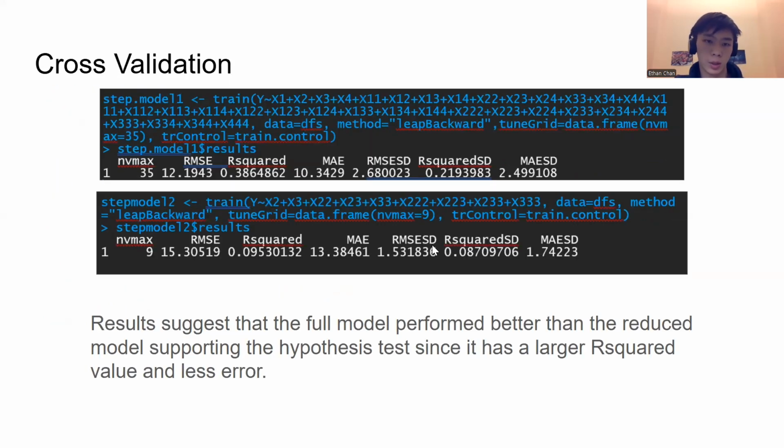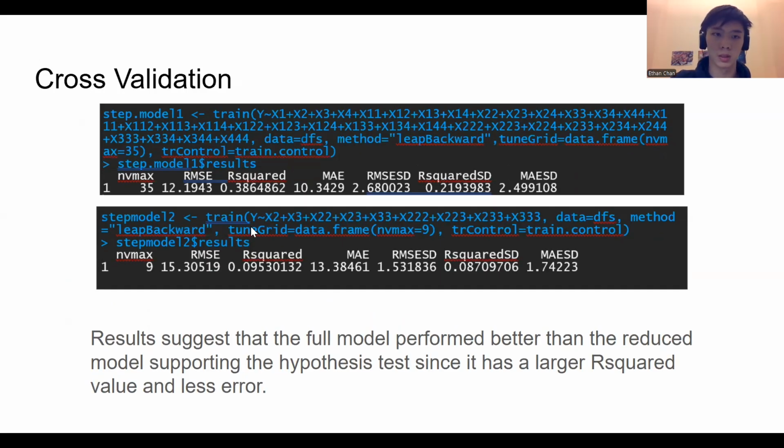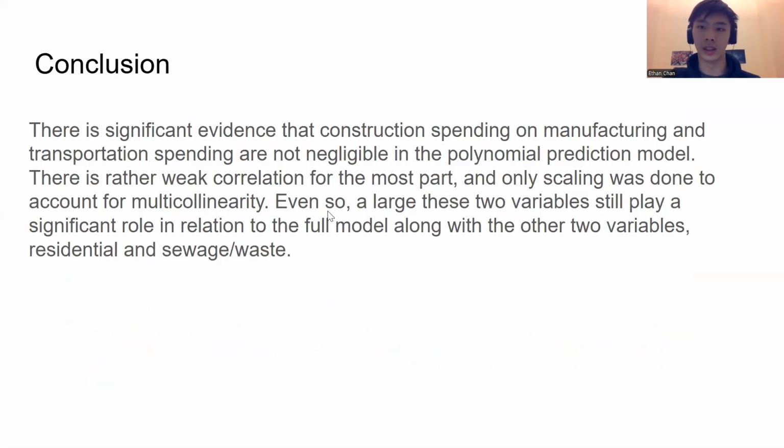Cross-validation wise, the results suggest that the full model performed better than the reduced model, supporting the hypothesis test since it has a larger R squared value than the reduced model. In conclusion, there is significant evidence that deconstruction spending on manufacturing and transportation spend are not negligible in the polynomial prediction.